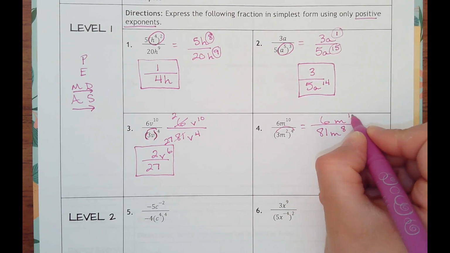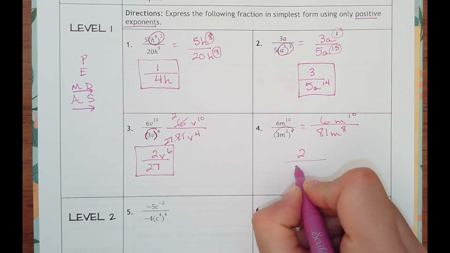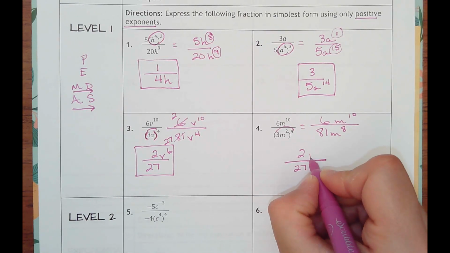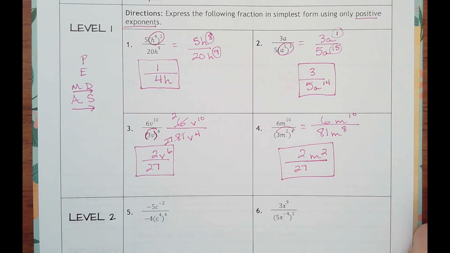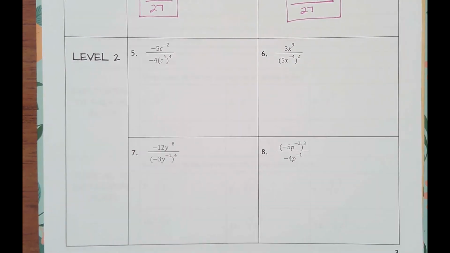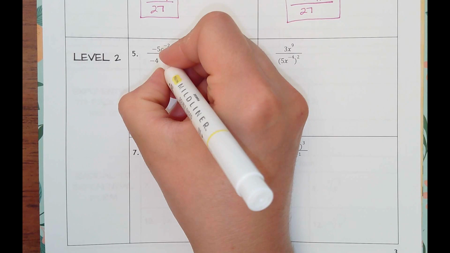Hey, same numbers. 6/81 we just did, reduces down to 2/27. 10 minus 8 would be 2. Seemed too easy. Okay, level 2. We've got some negative powers.